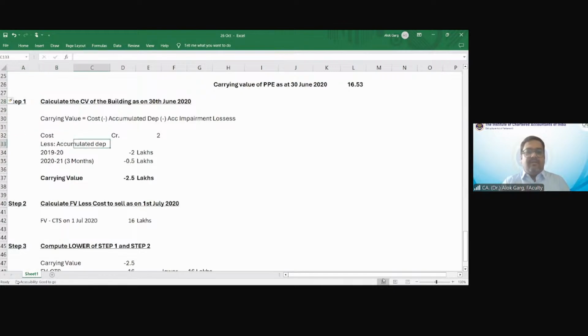Step 1. Carrying value. What is my carrying value? What is my cost? 20 lakhs.